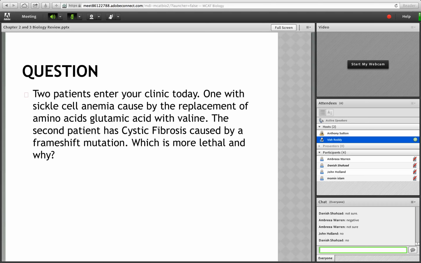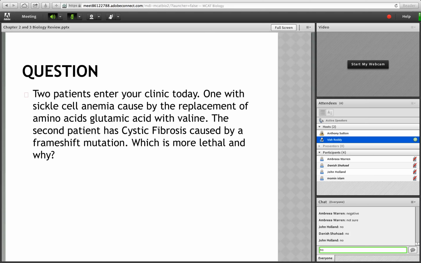So the concept. What do you think is the big picture here? Do you think the big picture on the MCAT is for you to understand what cystic fibrosis is or what sickle cell anemia is? Do you think they're really testing you on your understanding of these diseases? Okay, good.